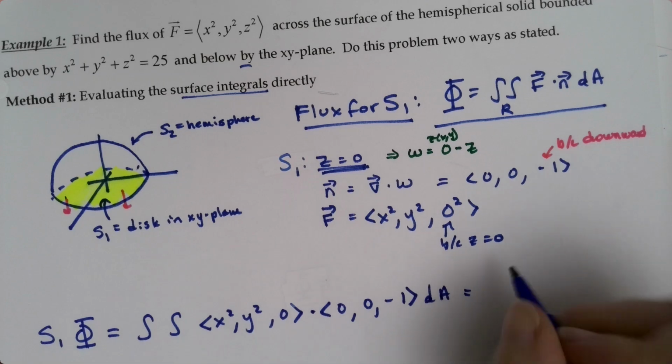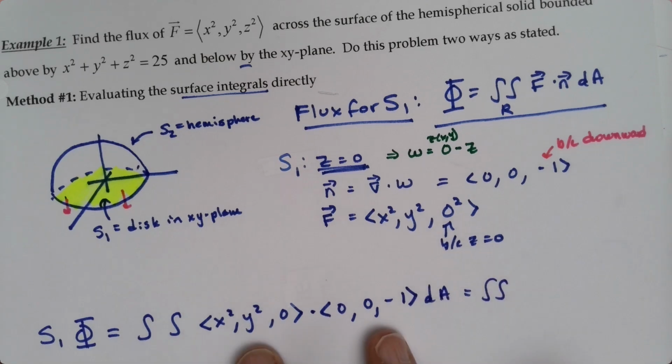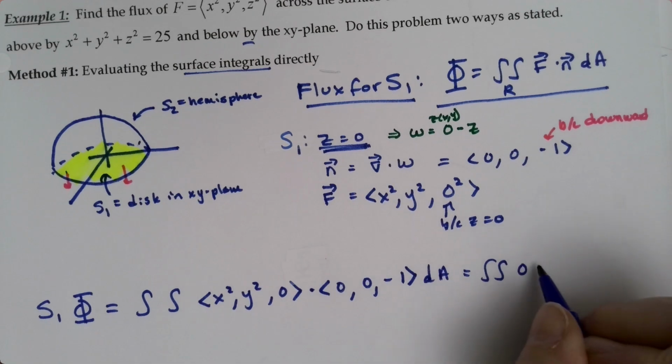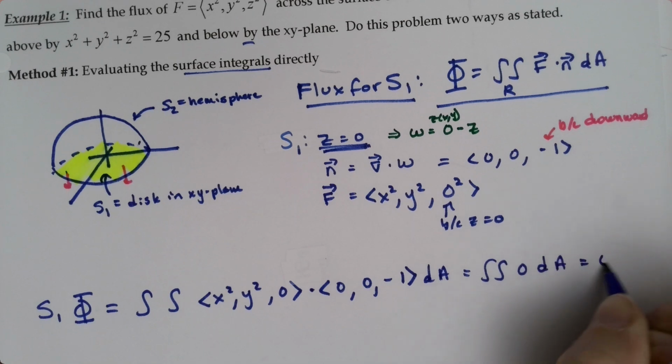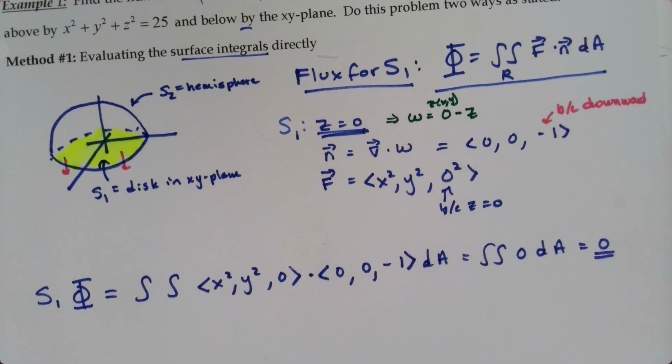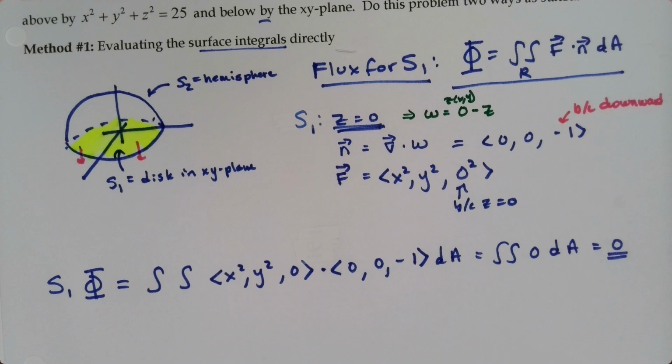We don't even have to find the limits of integration because that's 0, which is 0. So surface 1 has no downward flux. It has no outward flux. Done with that piece. Now what about surface 2, the hemisphere?